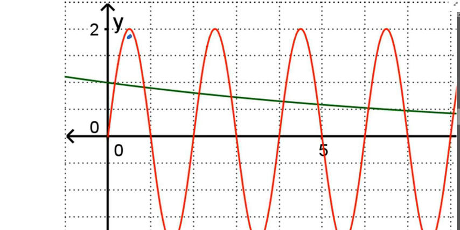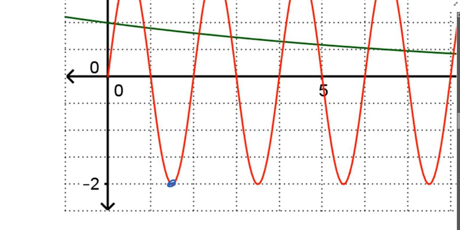So I would put a dot just below 2 there. And then this is negative 2. So this is a negative times a positive, so it's going to be negative. And my curve was less than 1 here. Well, now it's still just a little bit less than 1, but it's more less than 1 because it's a little bit lower, right? So this point is going to be within negative 2, but by a bit more.